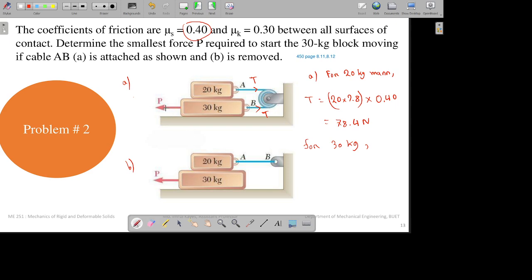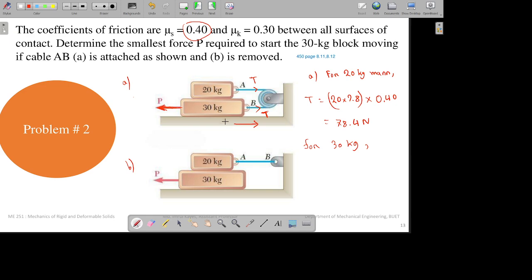So for P, you're trying to impend motion in the left direction, right? So friction force will be in the right direction. In the left side you have only the force P, and in the right side you have the force T plus the friction forces, I must say, not the force.